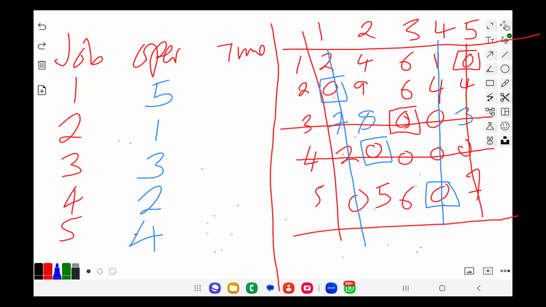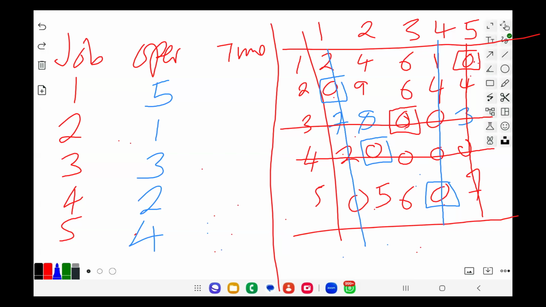Now, if you want to get the actual time, remember the positions where the boxes are. When you go to the original table, the problem at the start, you find the numbers in the positions of these boxes. They are numbers.